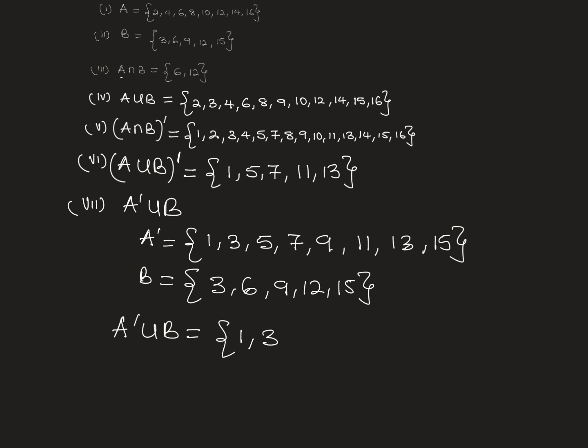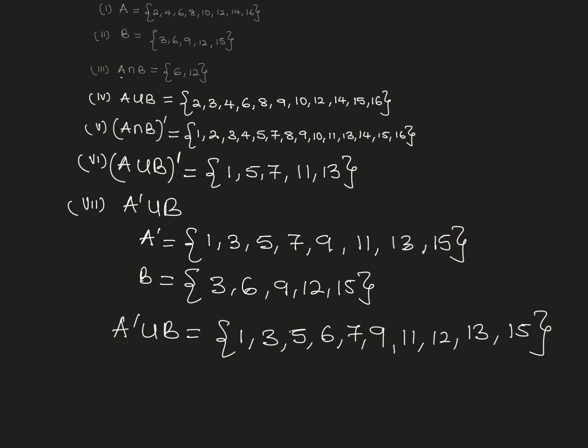Okay, so 1, 3, 5, 6, 7, we have 9 in both of them, so just write it once. 11, 12, 13, and 15. This is what is A complement union B.